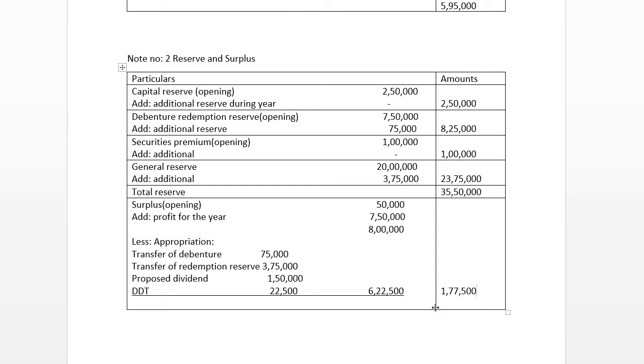Then later, when we make the total of reserve and surplus, 35,50,000 plus 1,77,500, at that time the total of that is 37,27,500, the amount of total reserves and surplus.